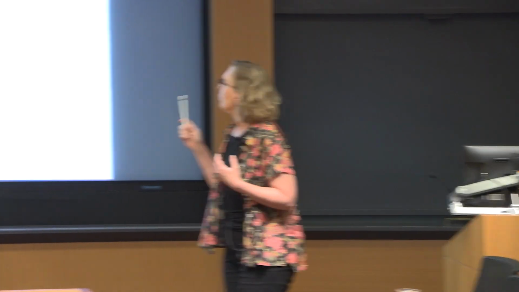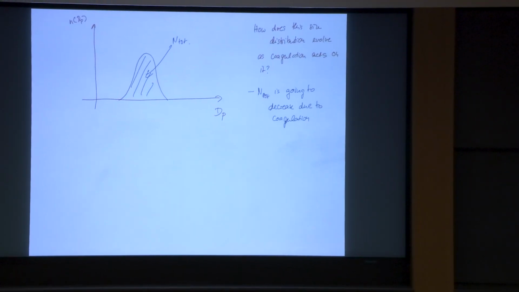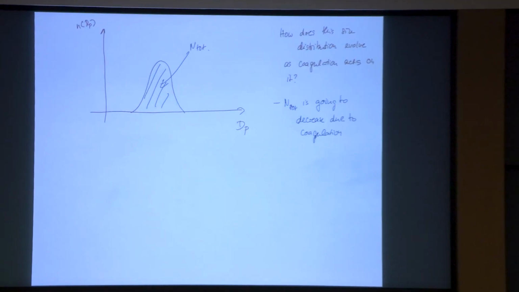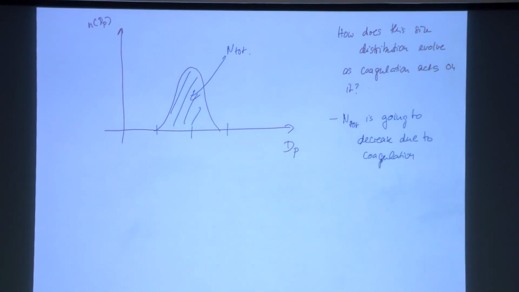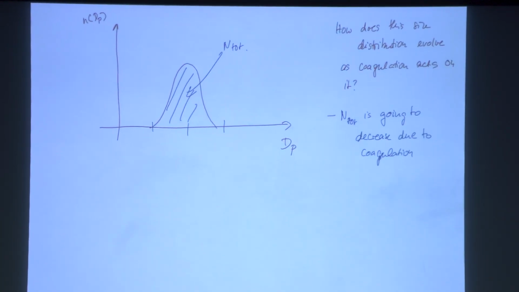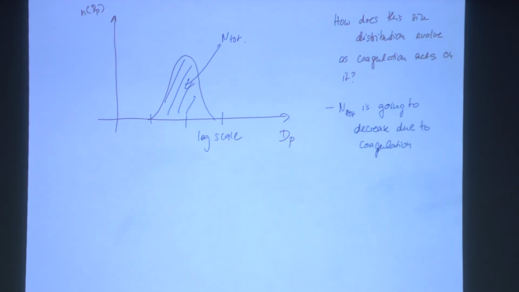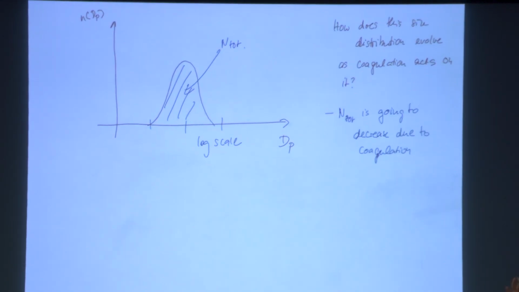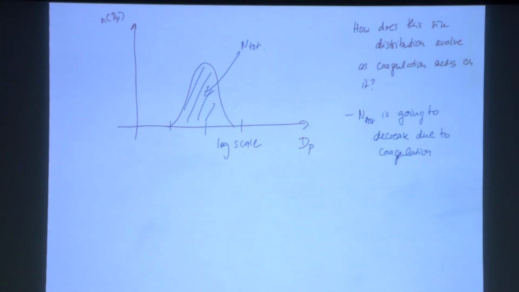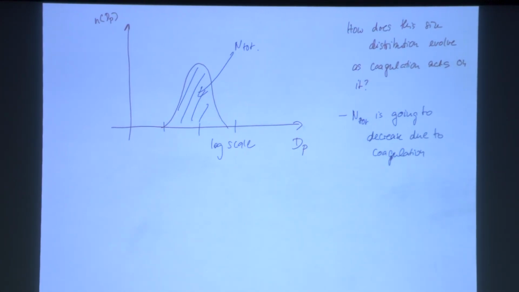And I agree with you, in principle, that is the case. But what happens is, and something I didn't note down, most of the time we would actually draw this x-axis logarithmically, on a log scale. And if you think about it, if a big particle collides with many, many small ones, to double the diameter, it has to collide with crazy many small ones, right?